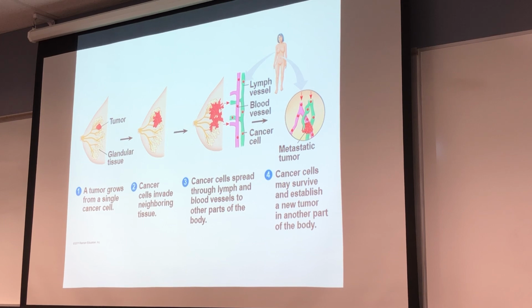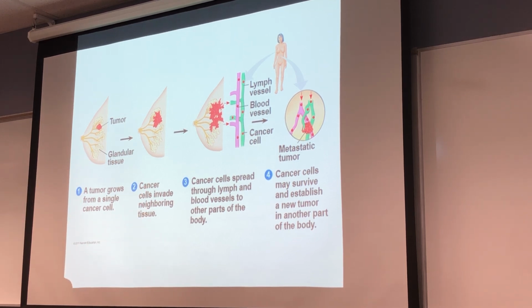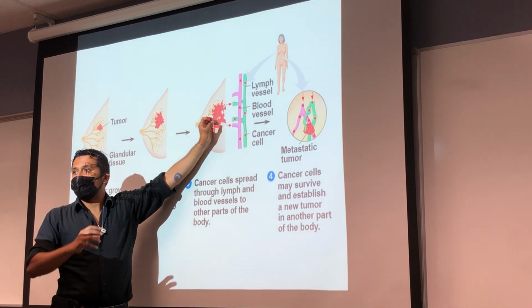Other options will be, for example, immunotherapy, using your own immune system, T cells, and then doing the CAR T cell therapy, the chimeric antigen receptor cells. Basically you take T cells from your own body and modify them so they express a receptor for the antigen of a particular tumor, and nothing else from the body, just the antigen from that tumor, and then reintroduce those CAR T cells, and they go and attack them and kill them.